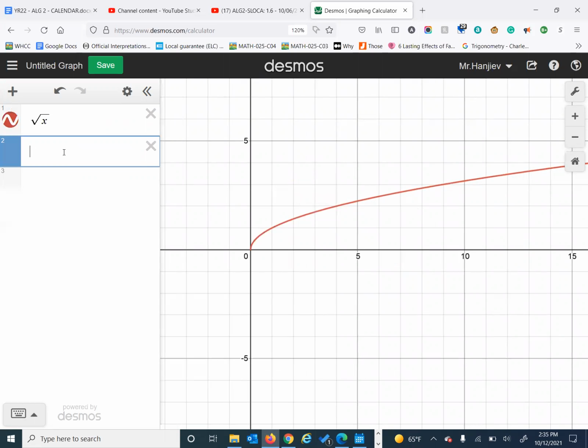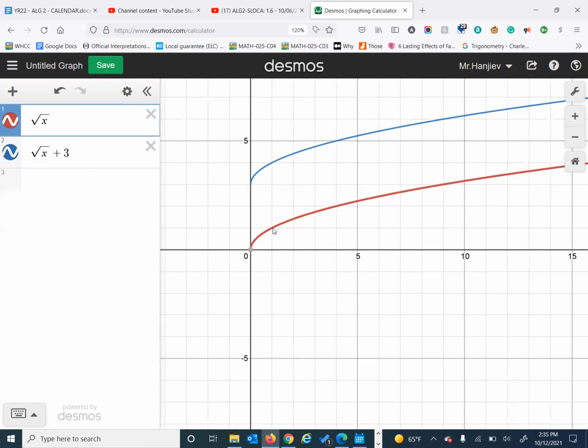Okay, so let's do this here. I'm going to write another square root function, and this time you guess what's going to happen here. I'm going to add 3. What's going to happen here? Adding 3 to this function. So the 0, 0 now becomes 0, 3. This 1, 1 now becomes 1, 4. So notice the y value has changed. 4, 2 becomes 4, 5.